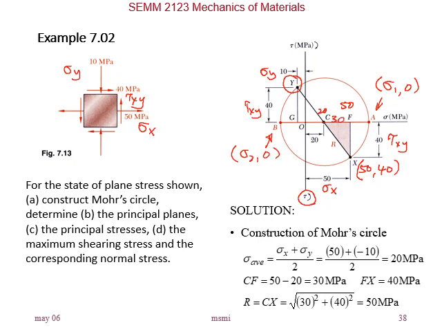If CF is 30, Fx is 40. Remember? That's tau xy. So the hypotenuse will be easily found using Pythagoras theorem. R or Cx is equal to square root of 30 squared plus 40 squared, or you get 50 megapascal.